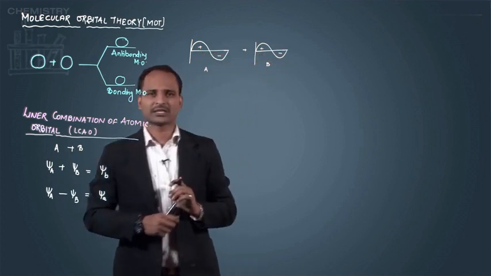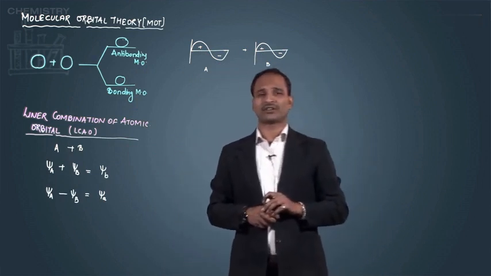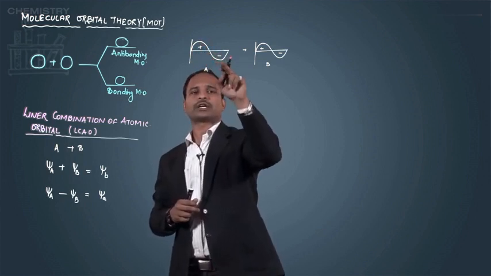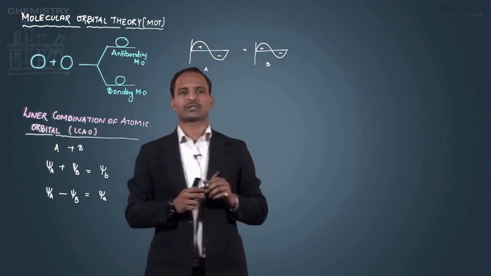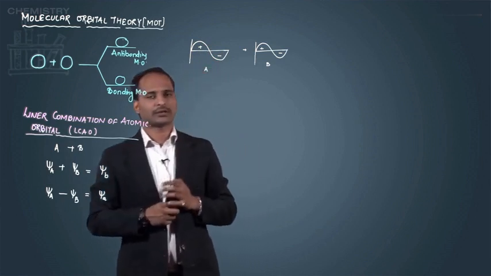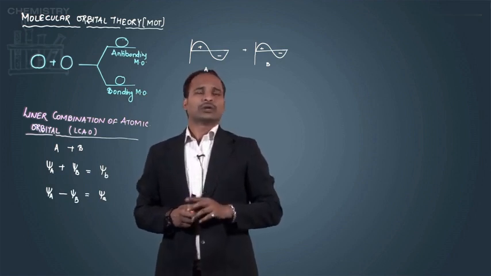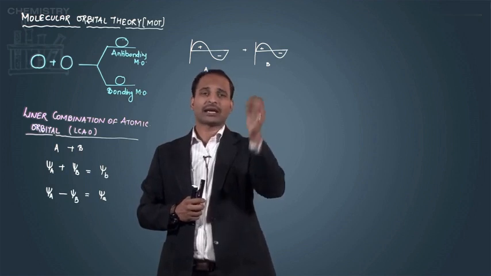This plus and minus doesn't represent a charge; it represents the crest and trough. Plus means toward the positive side, positive amplitude, and minus means toward the negative side. Plus represents the crest, and minus represents the trough.